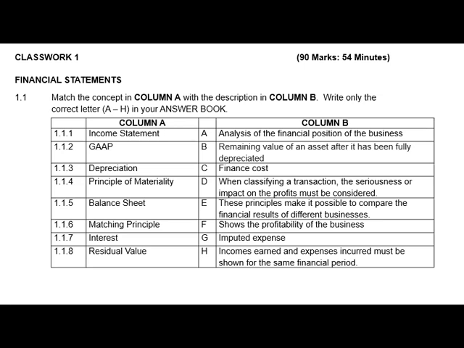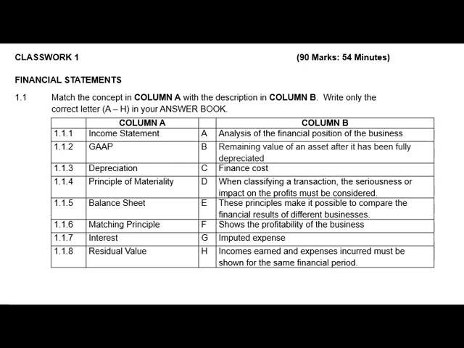And then imputed expense, that will be depreciation. Income earned and expenses incurred must be shown for the same financial period. Well, that could go to the income statement, but because they said same financial period, that would actually be one of the GAAP principles, which is the matching principle in this case.